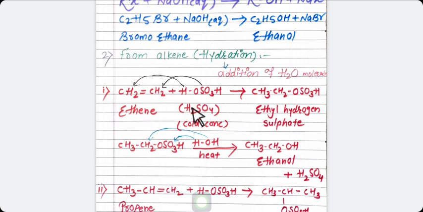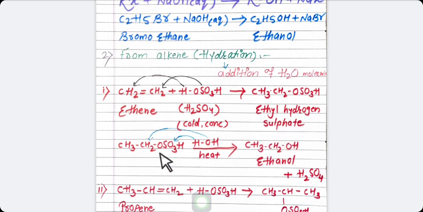It is your cold concentrated sulfuric acid which reacts with ethene. So hydrogen attaches with one carbon atom and the OSO3H group is attached with the other carbon atom. So you can get ethyl hydrogen sulfate.